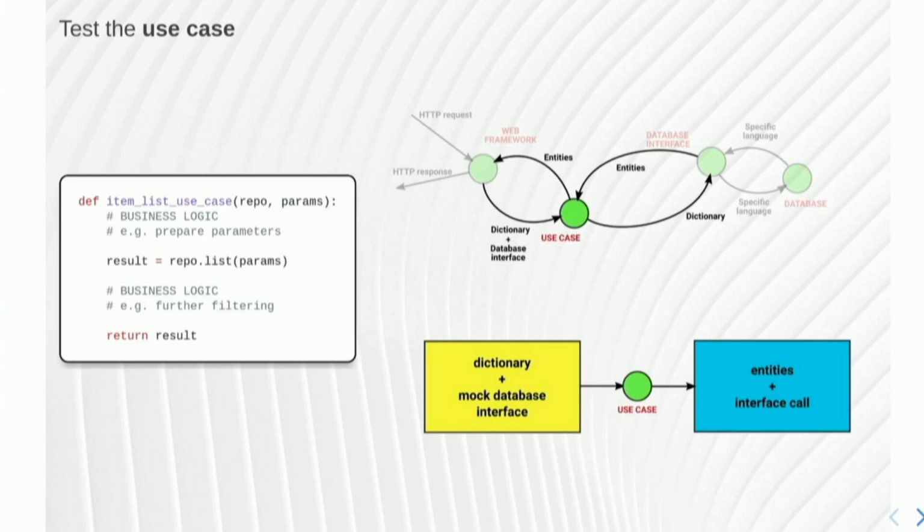So what I can do is to pass a dictionary of parameters, a mock database interface, so something that pretends to be the database interface, but is not connected with any database. It's just a mock. It returns a fixed set of data. And check that my business logic works, given that input gives some output.